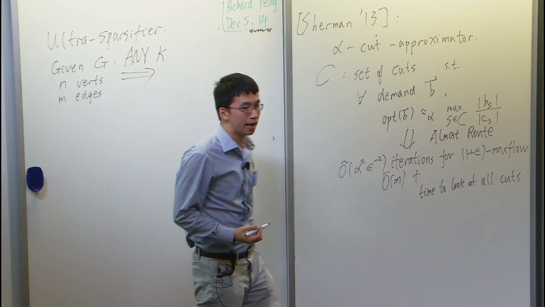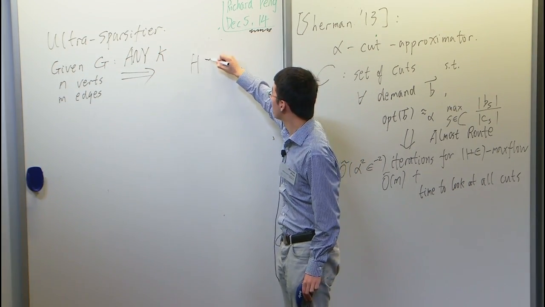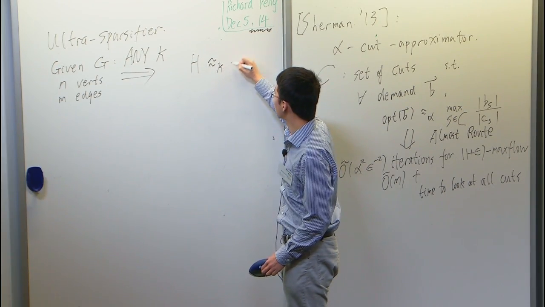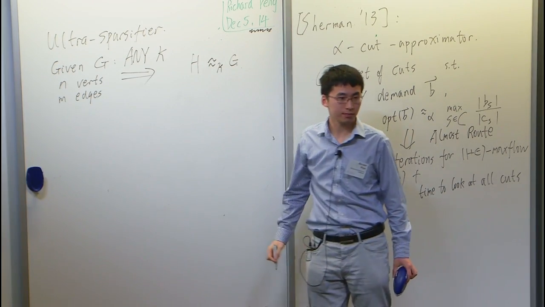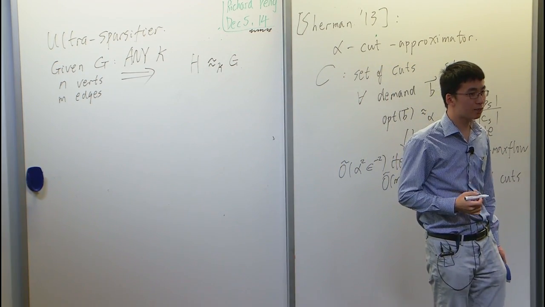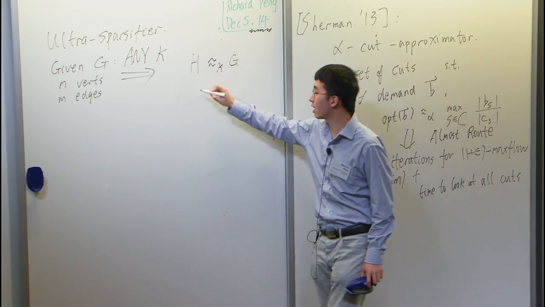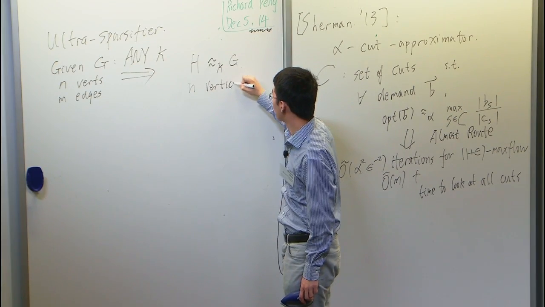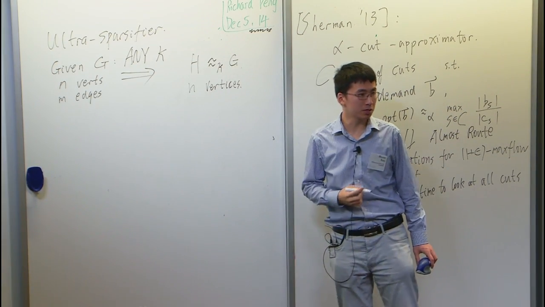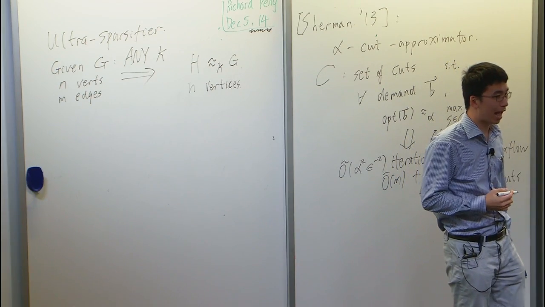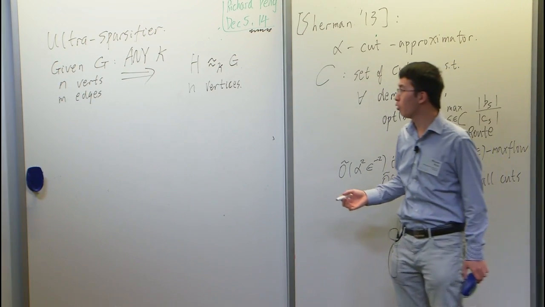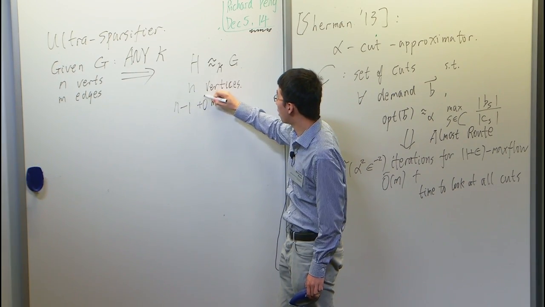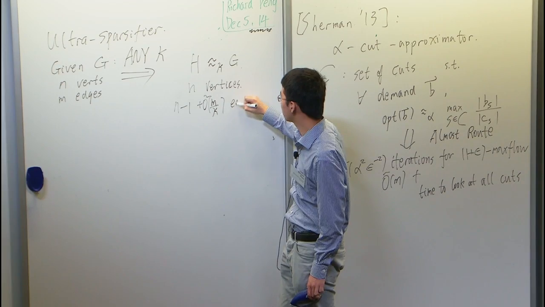What I get is an H that is within a factor kappa of G. The size requirement I want for H is that it is on the same vertex set, but I want to reduce the number of edges. Actually, it's not really severely reducing. What I want is that H has n minus 1 plus m polylog n over kappa edges.